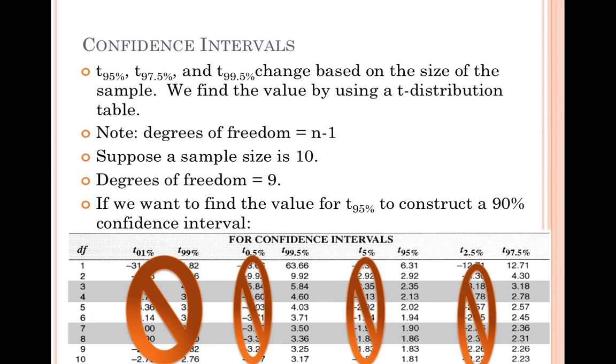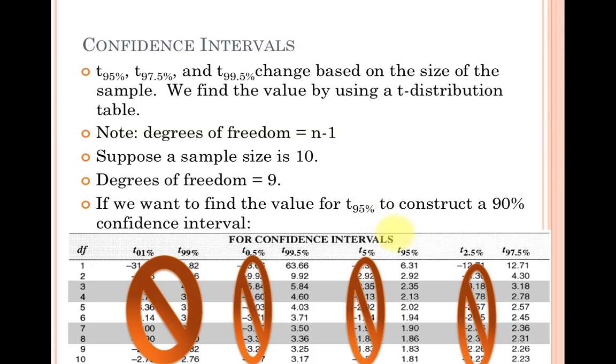Okay, now if we want to find the t-score for a 90% confidence interval, recall that for a 90% confidence interval we have to use the column labeled t subscript 95.